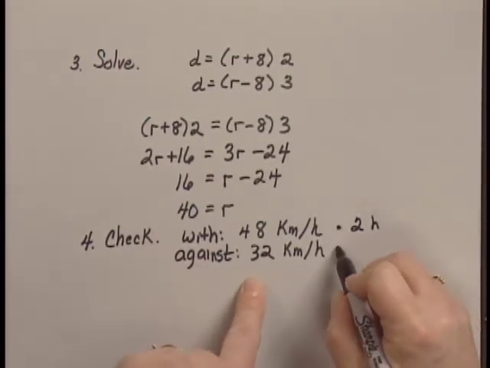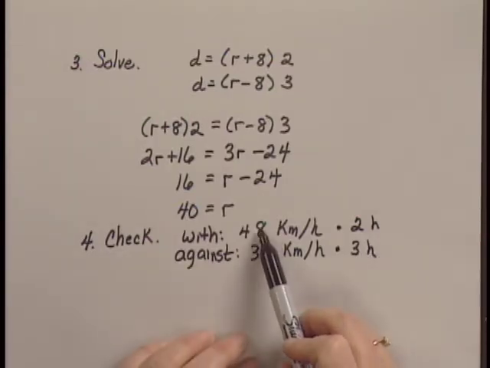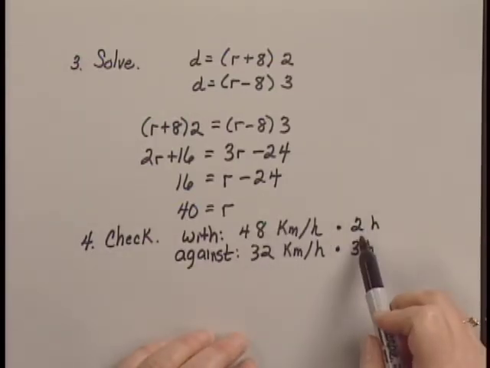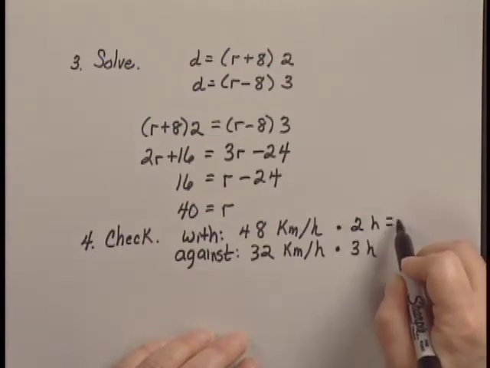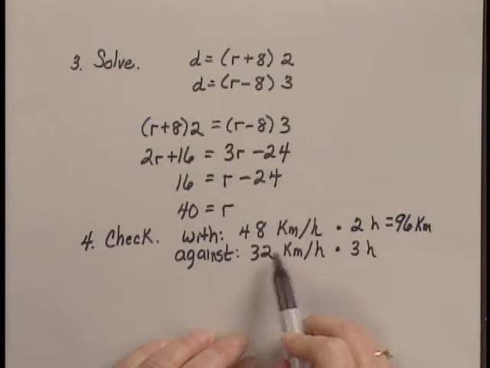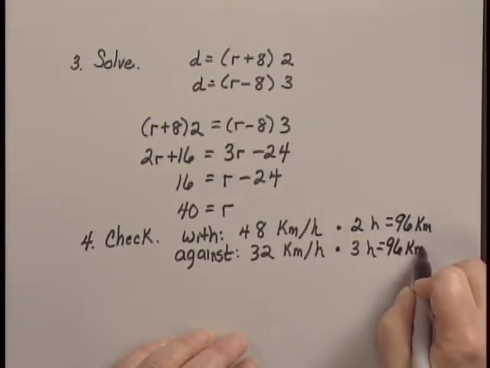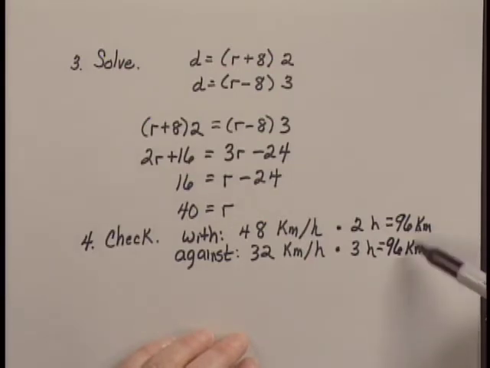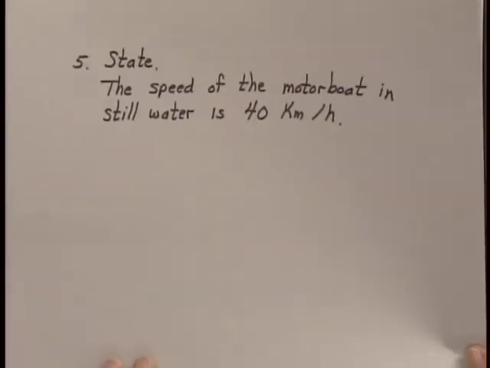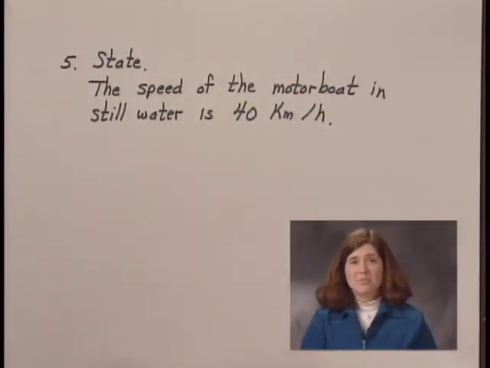The time against the current was 3 hours. Now, speed times the time gives us the distance 96 kilometers with the current, and speed times the time gives us the distance 96 kilometers against the current, so we have a check because the distances are the same. So we can state that the speed of the motorboat in still water is 40 kilometers per hour.